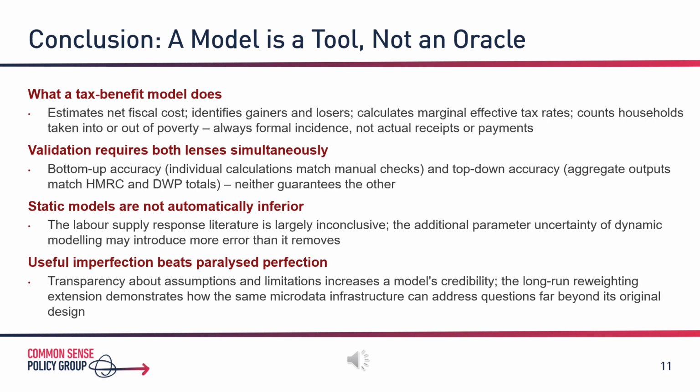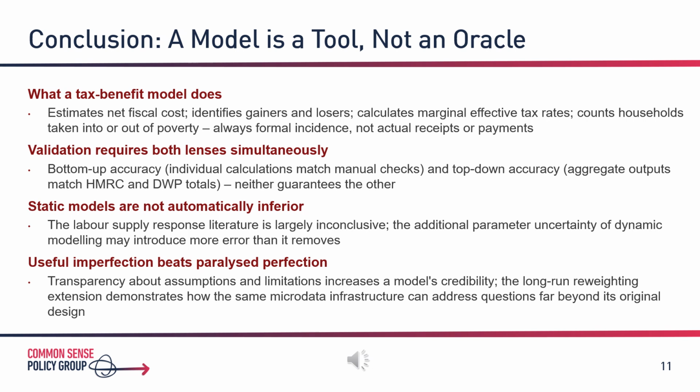The fifth thread is useful imperfection and long-run forecasting. The same reweighting technique used to correct for non-response bias, applying different weights to different household types, can be applied prospectively to ONS population projections and OBR earnings forecasts. This produces poverty estimates 15 or more years ahead without requiring new survey data or the model to forecast macroeconomic variables itself.